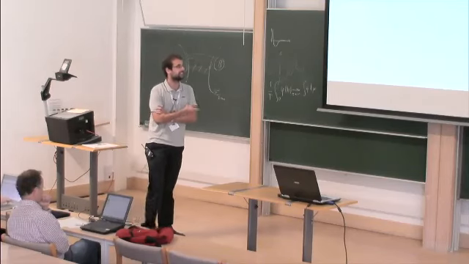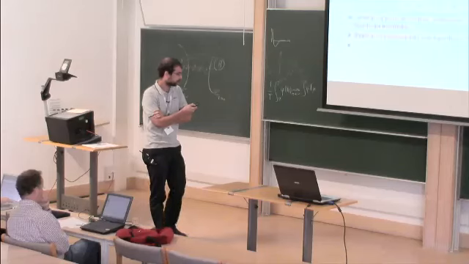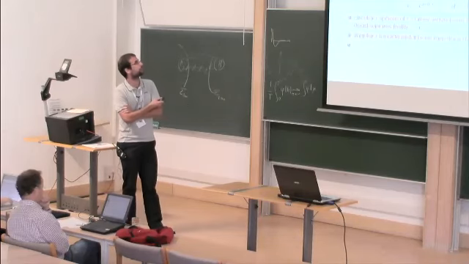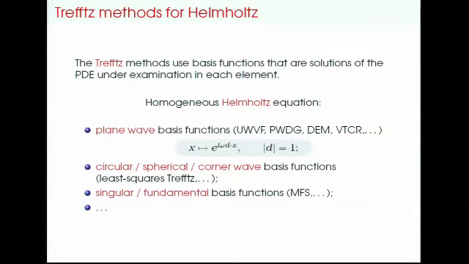Which kind of discrete function can we use? Most of the Trefftz methods for Helmholtz available use plane wave basis functions, where by plane wave I mean just the simple solution of the Helmholtz equation that is constant on planes and is oscillating in the orthogonal direction.